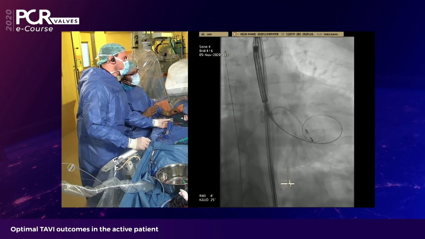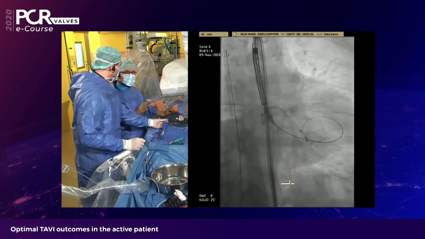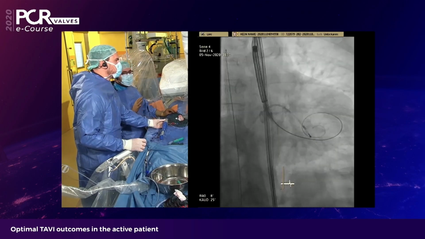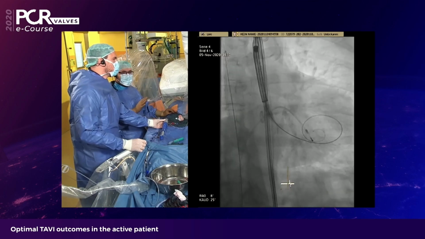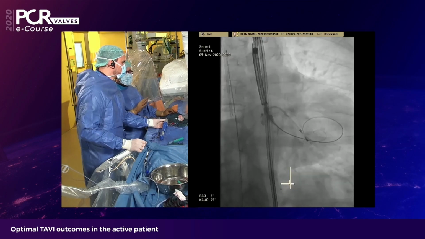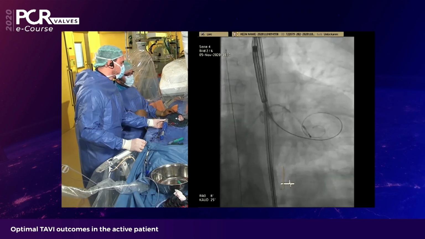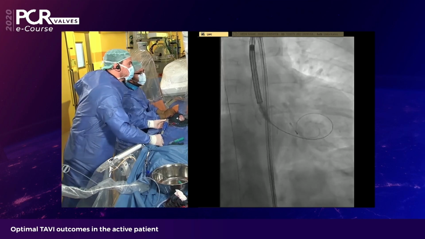So it's exactly in the middle. And this is actually a slight adaptation to the technique described by Tang et al., a little bit adapted to the patient anatomy. So if you are in the non-coronary cusp or non-coronary side view, cusp overlap view, if you are center front, probably you have an even higher chance of commissural alignment than if you're not. Okay, so let's cross the valve here in this view.